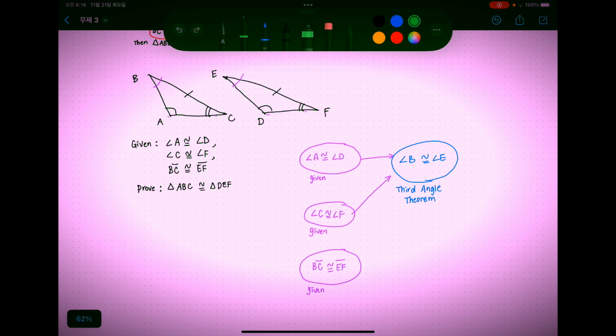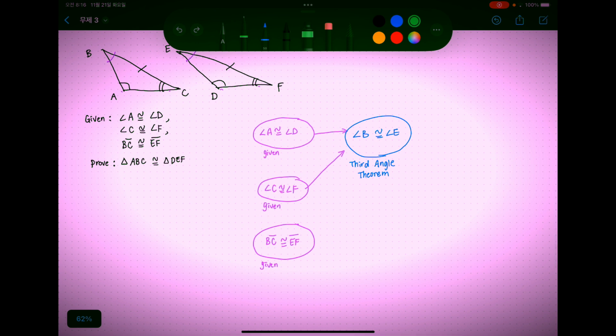So now, next, we can use this side, and this, and maybe C and F. Yeah, all of those can tell us that triangle ABC is congruent to triangle DEF because we're using angle, side, angle.